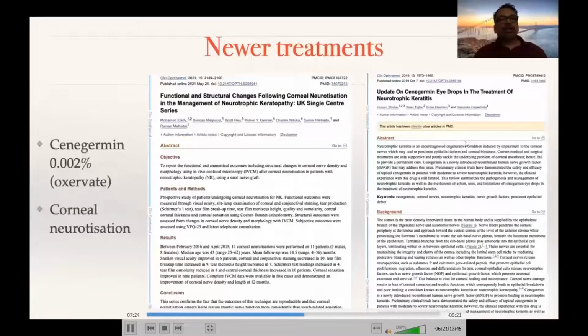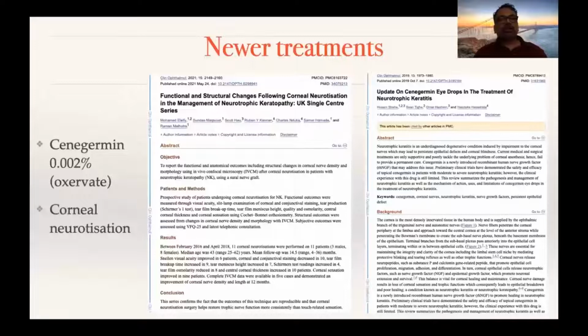Newer treatments like cenegermin 0.02%, that is recombinant nerve growth factor, are available as Oxervate in the UK and US for clinical use, but it's prohibitively costly, around $23,000.